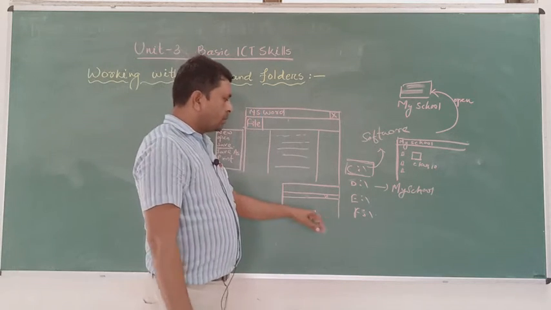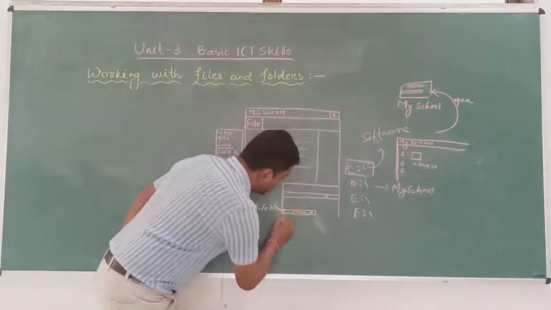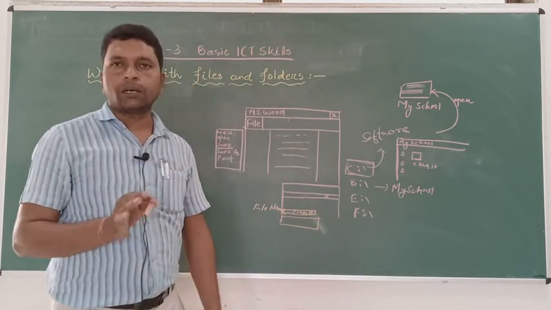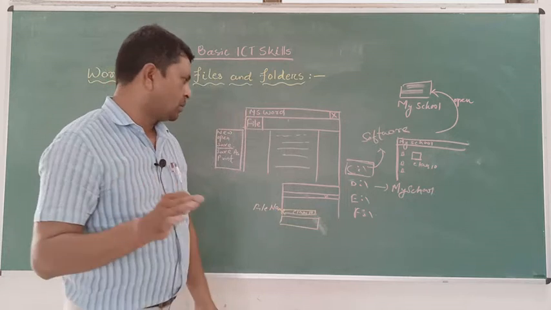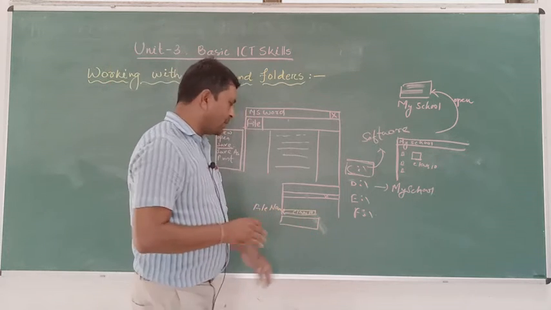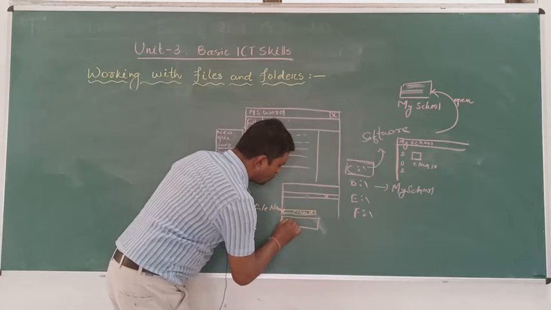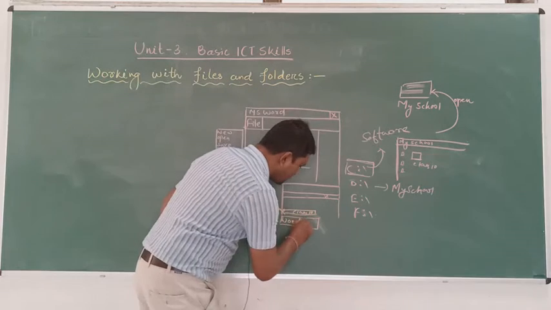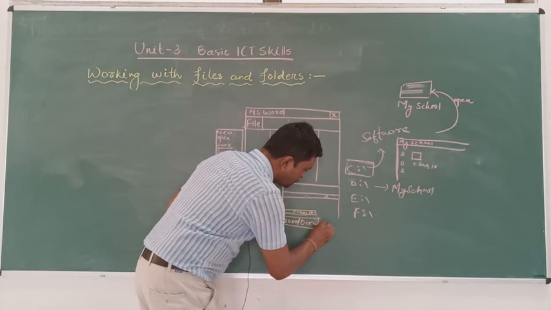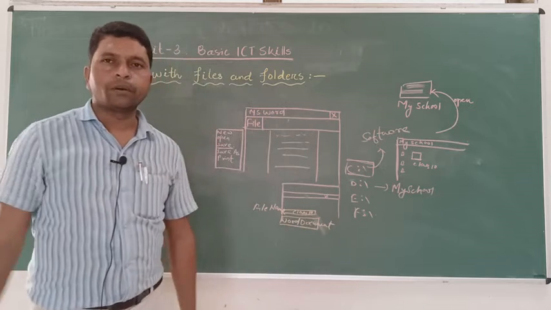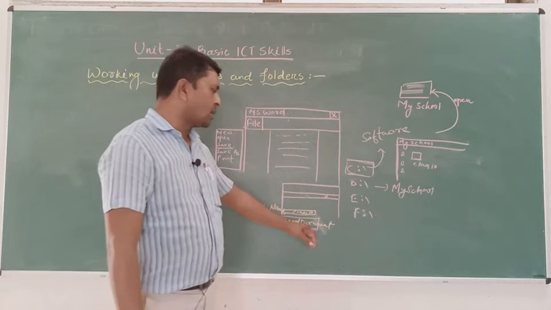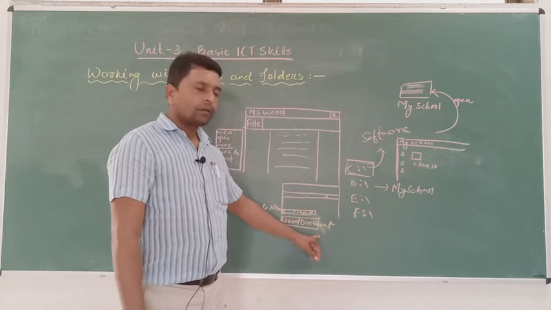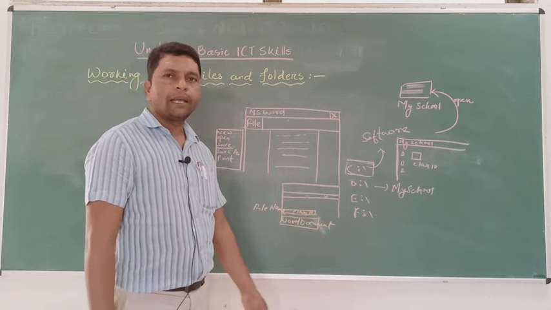And after that there is another thing: what type of file you want to store. Now I am not explaining about this. Here you find Word document. This is called the type of file.